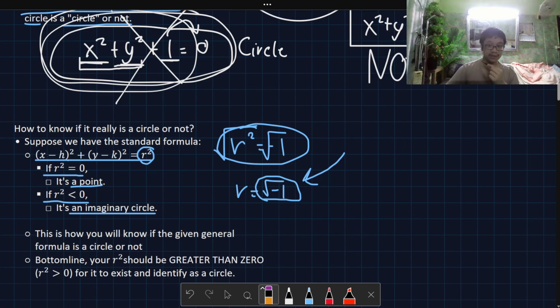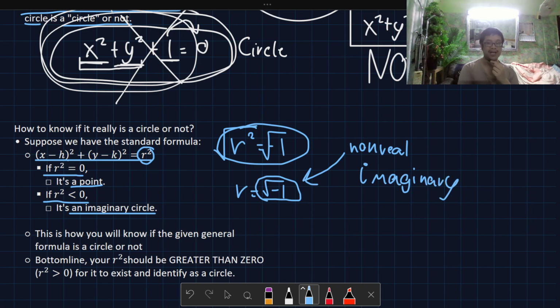This is a non-real number, or imaginary. If you have a square root and a number that is negative located inside the square root, that's not a real number anymore.